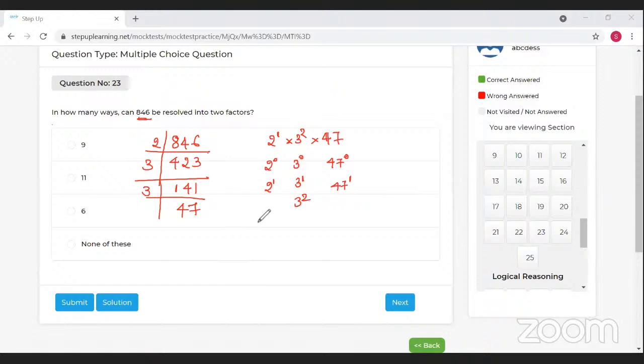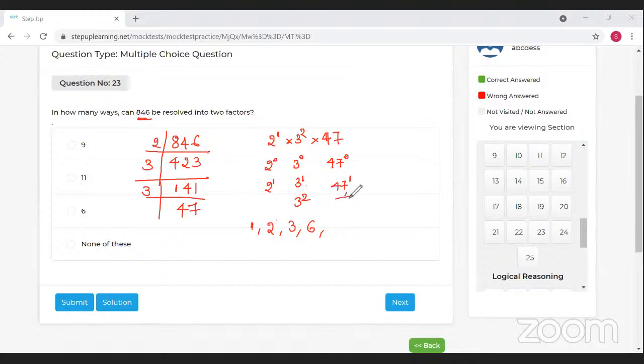So your factors, what they're saying, resolved into two factors. Let me list the factors: 1, and then 2, and then 3, then 2 into 3, 6 will be a factor, then 6 into 47.